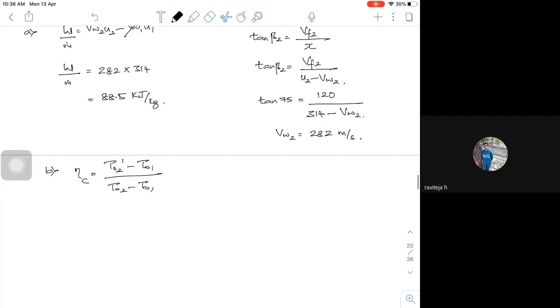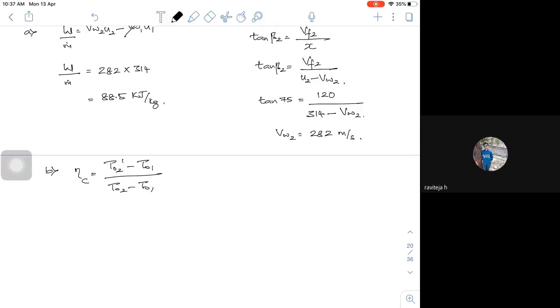I know the compressor efficiency is 0.7 and T01 is 300 Kelvin. I don't know T02 dash, and I also don't know T02.